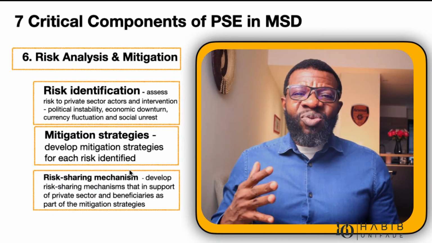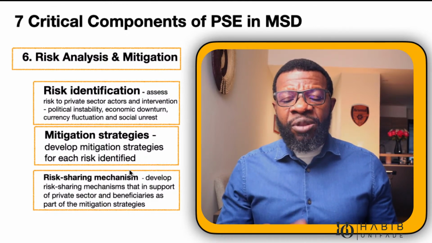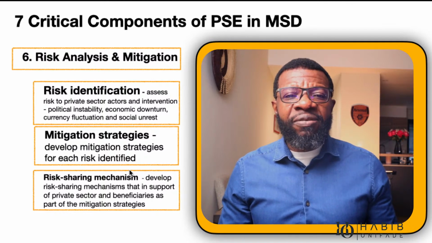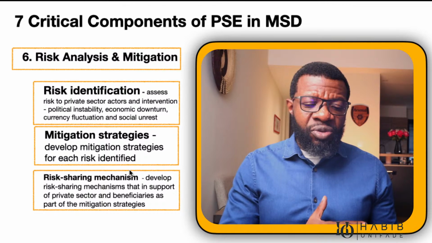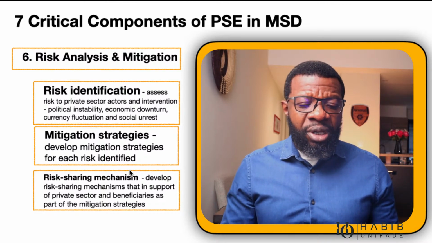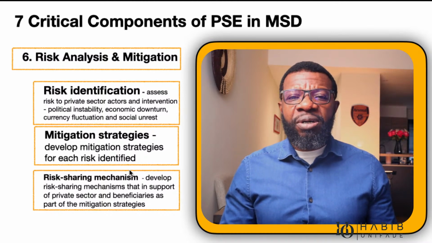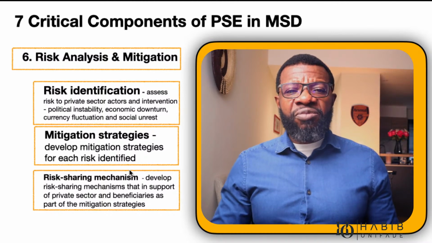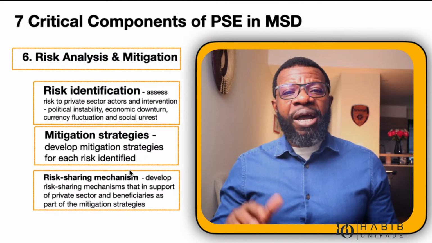The sixth is risk analysis and mitigation. Obviously, there's a lot of risk for the private sector and for the development program. Those risks can vary from government instability, social unrest, all sorts of risk that may impact the market, may impact the intervention.